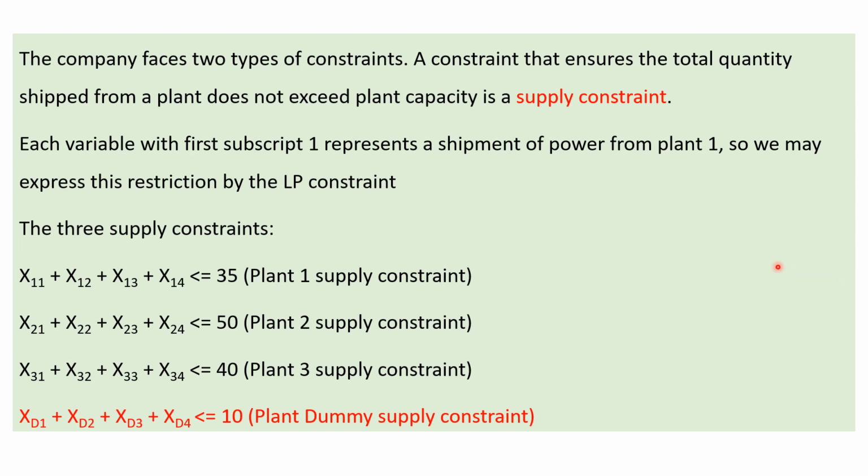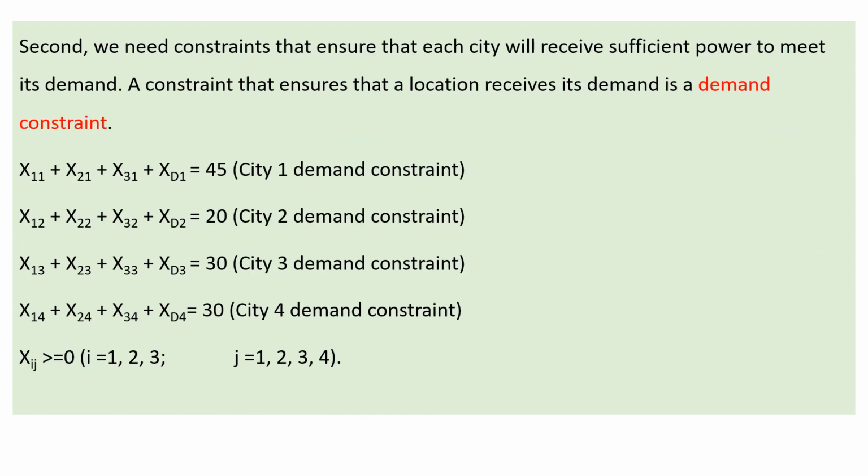Let's move to the demand constraints. We need constraints that ensure that each city will receive sufficient power to meet its demand, that is the demand requirements. Thus x11, that means the electricity transported from plant 1 to city 1, plus from plant 2 to city 1, from plant 3 to city 1, and from the dummy plant to city 1 should be equal to 45.